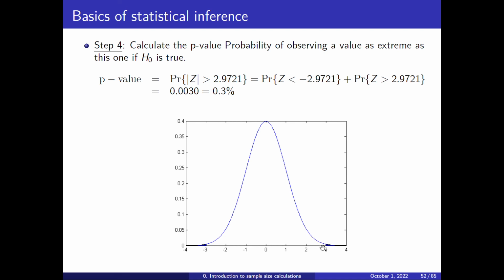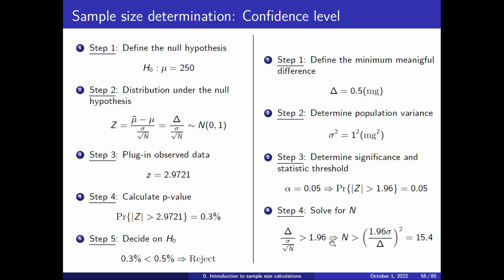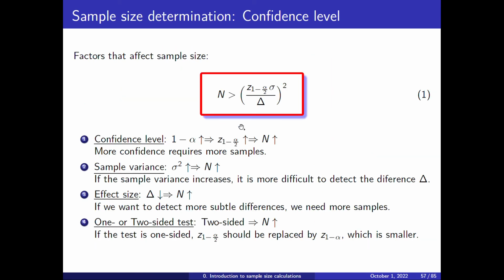So you would need to move this 1.96 to the right. And if you move this 1.96 to the right, this number will be larger, and the number of samples grows quadratically with that number. So if you want to be more confident about stopping your machine, then you need more samples.